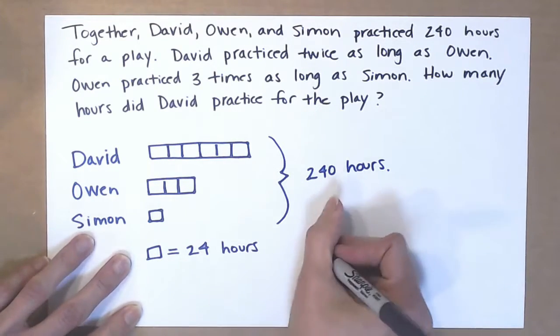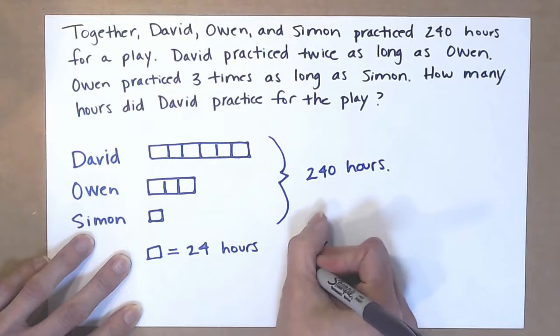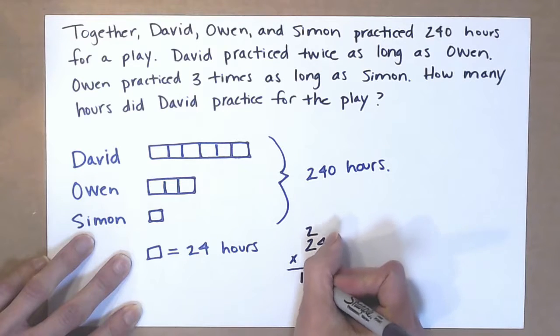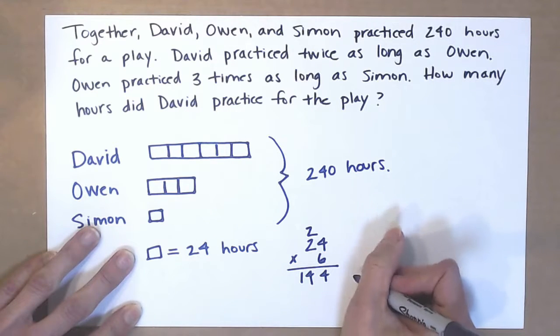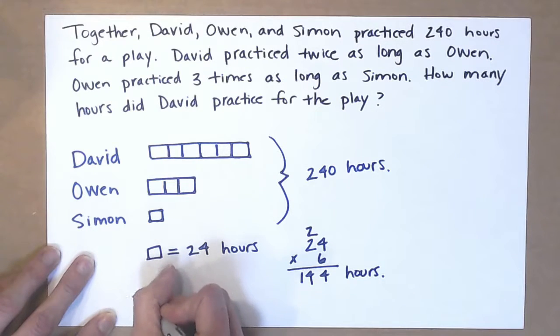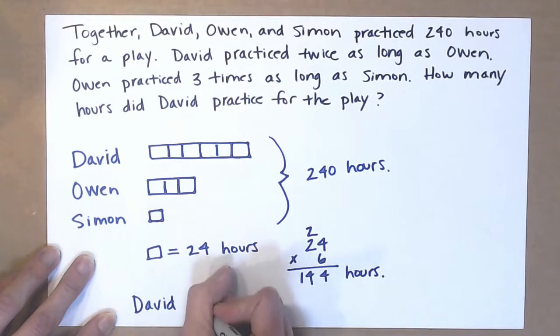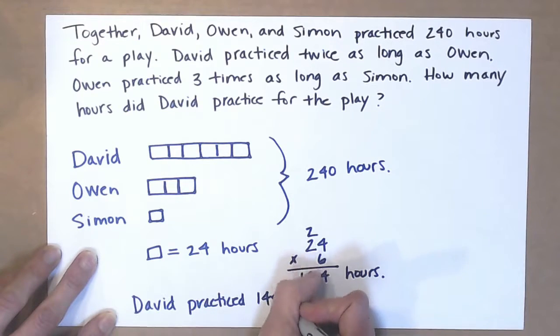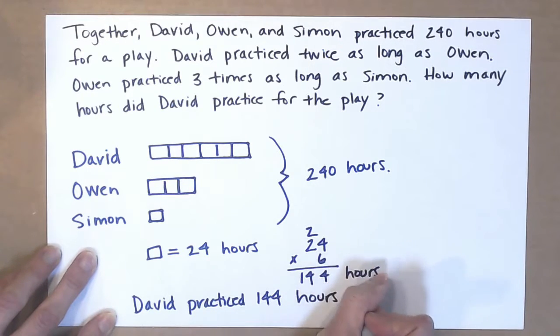Each of them is 24 hours. So 24 times 6. We get 144 hours. So David practiced 144 hours.